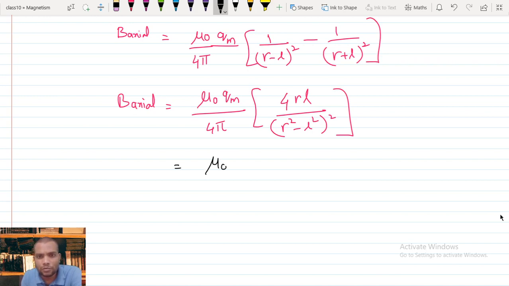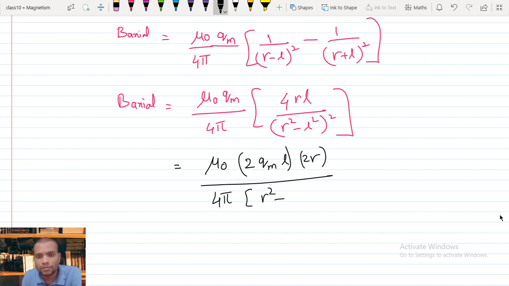If I divide, this is mu naught times 2Qm times L times 2R, so it means I divided the 4 like this, upon 4 pi times R square minus L square whole square.